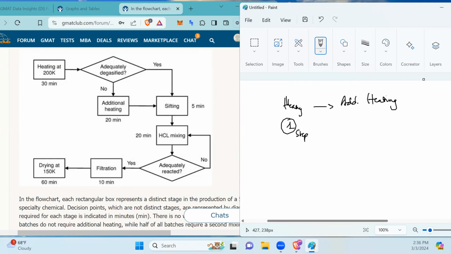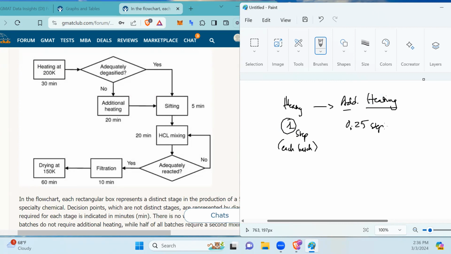So the average for 4 batches is 1. So I put 1 under one step. And so for additional heating, how many more steps would that be on average? 1/4, or 0.25 steps?